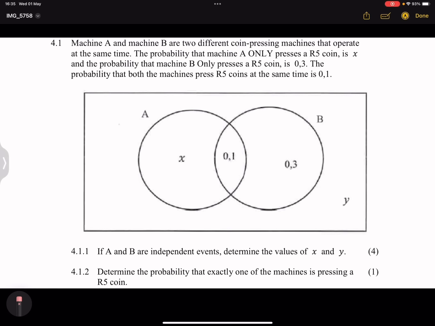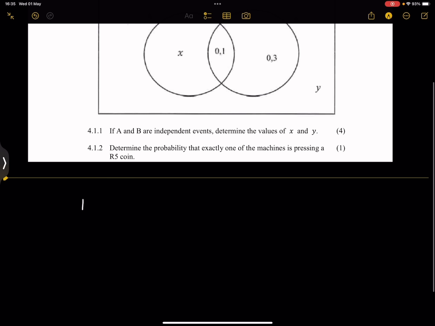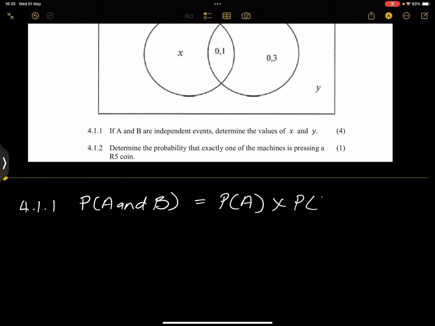So in this case, we want to find out, okay, so they say if A and B are independent events. Now remember, what did we say about independent events, right? We said if they are independent, then it means that the probability of A and B would be equal to the probability of A multiplied by the probability of B. You must keep that in mind, right?